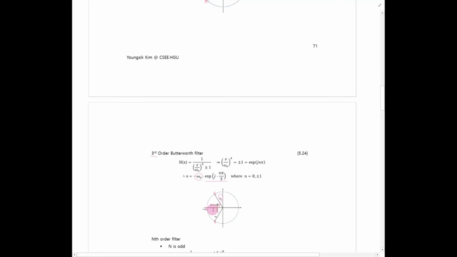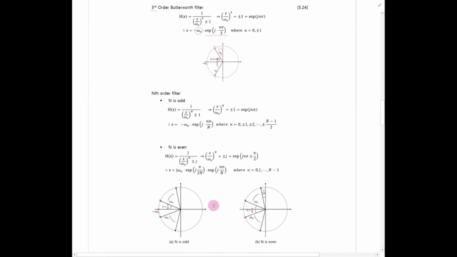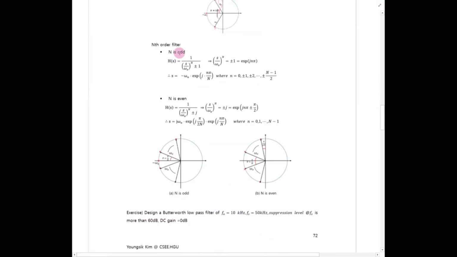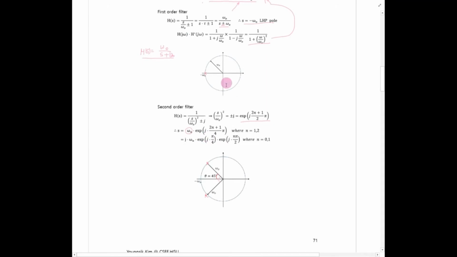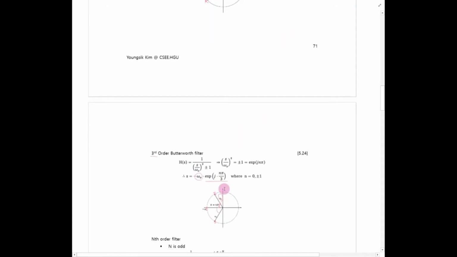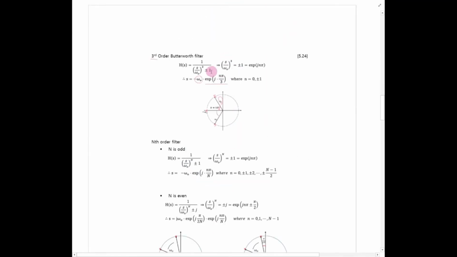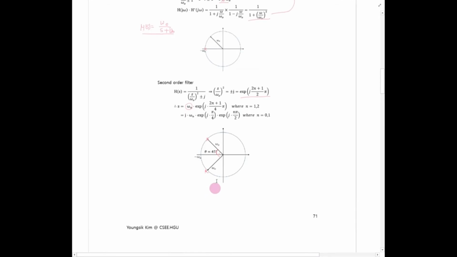Okay, we can generalize this for n odd or n even. n odd means the first order or third order, the odd case. In that case, the value is plus minus 1. That's this one. But in the case of even, by taking the square, this becomes a real number.